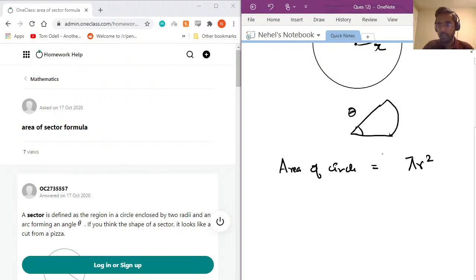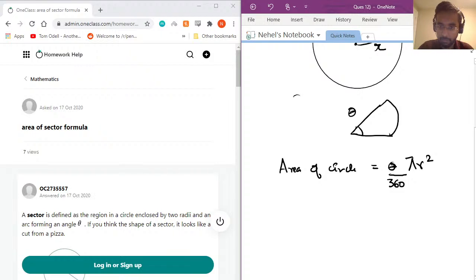However, in reality, we can look at the area of the circle as nothing but the overall angle, which is 360 degrees. So 360 and then theta. So in reality, this is the area of the circle. We have theta, which is the angle.